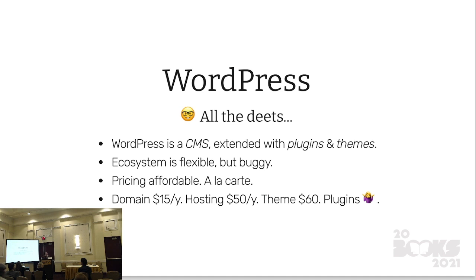When you have a WordPress site, you are solely responsible for finding out what caused the bug, how do you fix it, and how do you prevent it from happening again? Well, you don't prevent it from happening again, because every single time A, WordPress updates, B, any one of your plugins updates, or C, your theme updates, you can get bugs. And the more plugins you use, the more likely that you're going to have negative interactions between them.